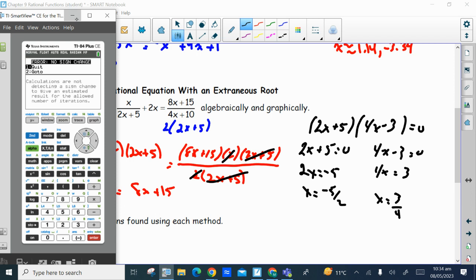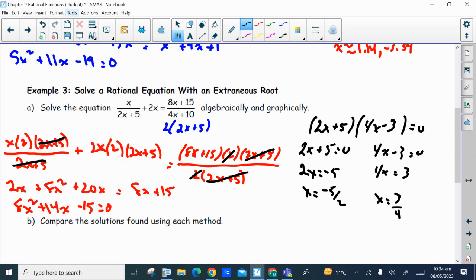Because we have a denominator of 2x plus 5. Our non-permissive values come by making the denominators equal 0, where you have a variable. And if you let 2x plus 5 equals 0, you're going to get x equals negative 5 over 2, negative 2.5. So these two graphs can't intersect at negative 2.5.